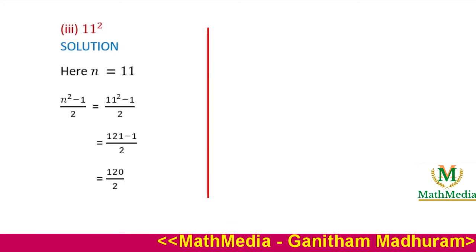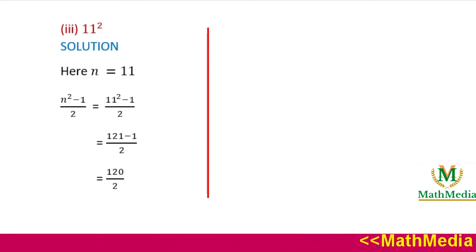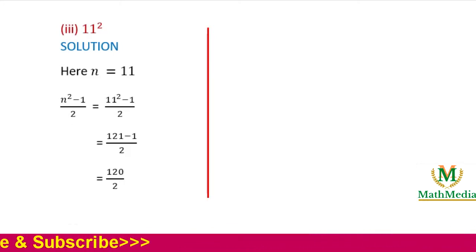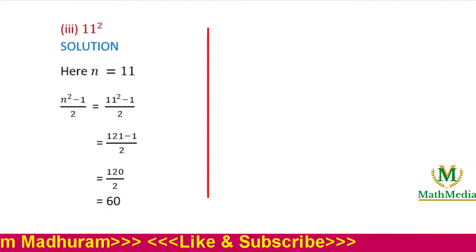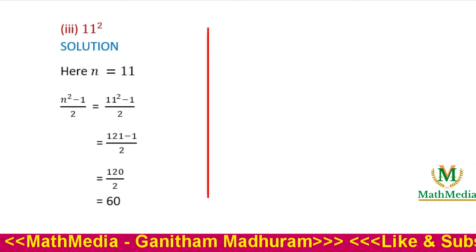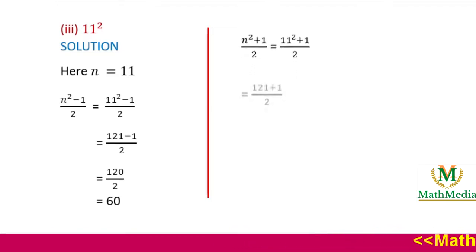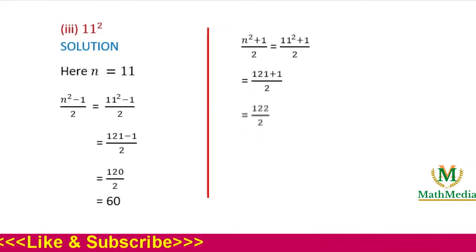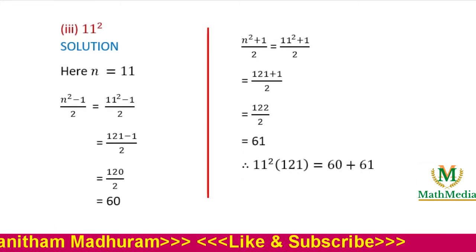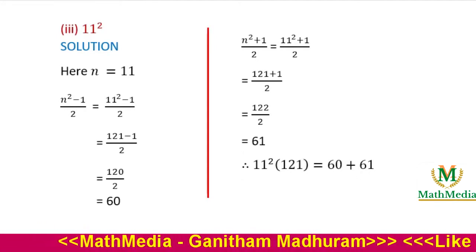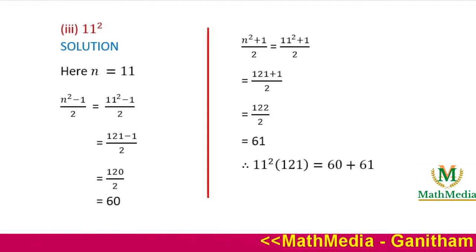That is 11 square, which means 121, equal to 60 plus 61. By formula (n square plus 1) upon 2 equal to (11 square plus 1) whole divided by 2 gives 122 upon 2 equal to 61. That is 11 square equal to 60 plus 61.